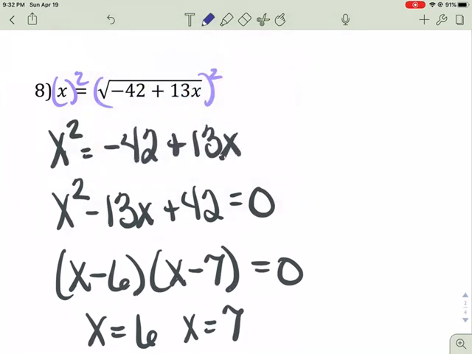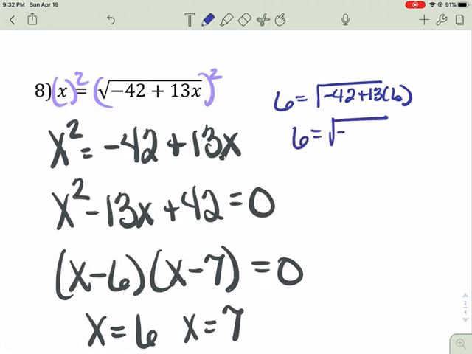All right, so let's put in 6. So does 6 equal the square root of -42 plus 13 times 6? Okay. I don't know what 13 times 6 is. 78. So 6 is equal to the square root of -42 plus 78. All right, I get 36. Okay, so that one works.